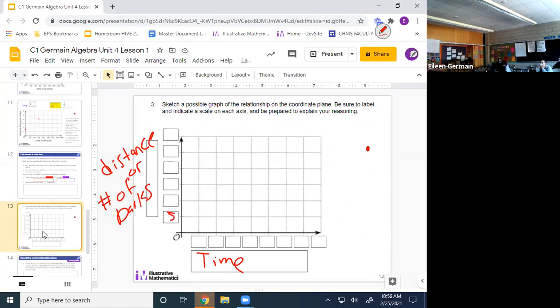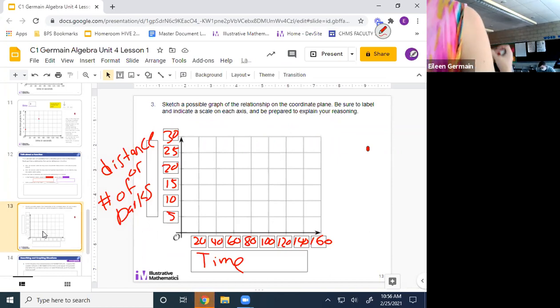I just labeled it 5, 10, 15, 20, 25, 30, and 20, 40, 60, 80, 100, 120, 140, 160. This was really up to you. In general, what way was it going? It's going up, right?